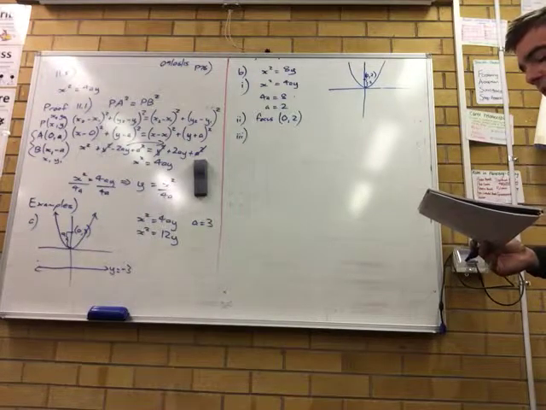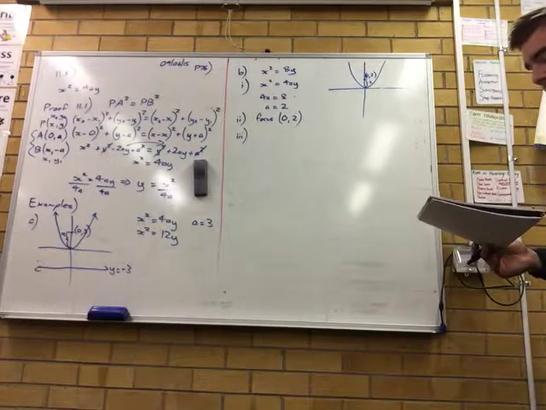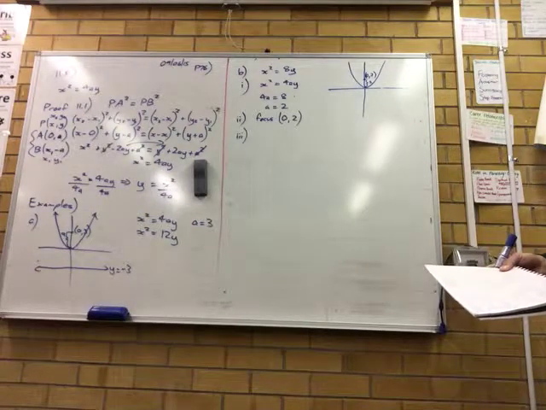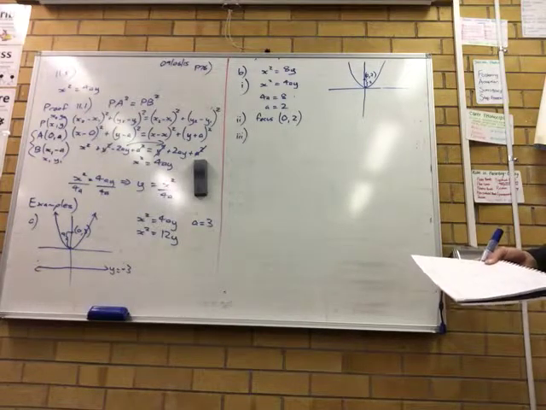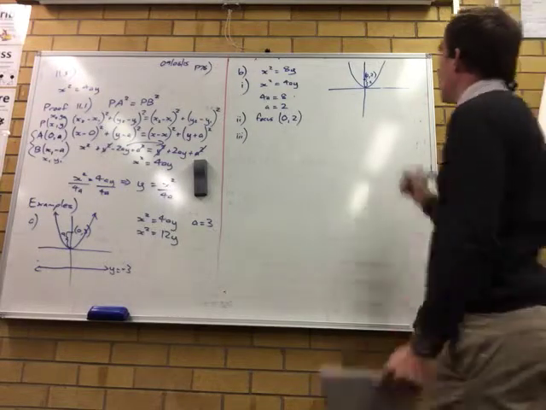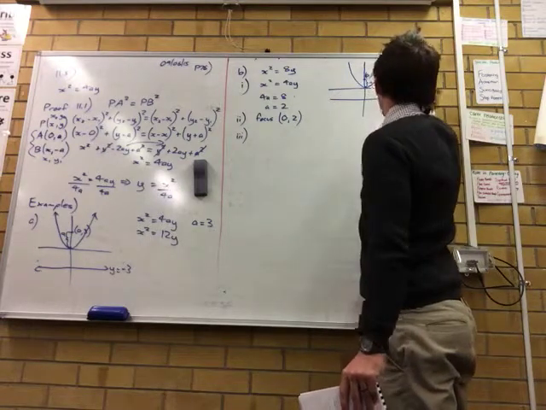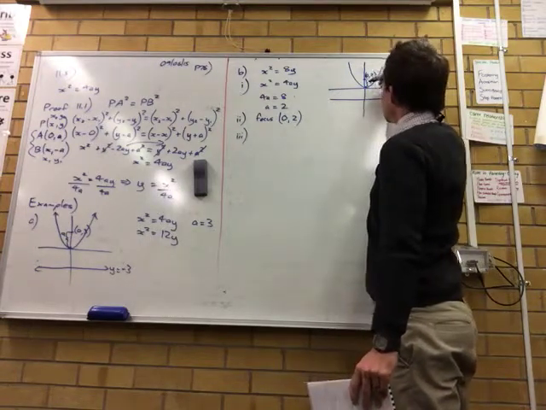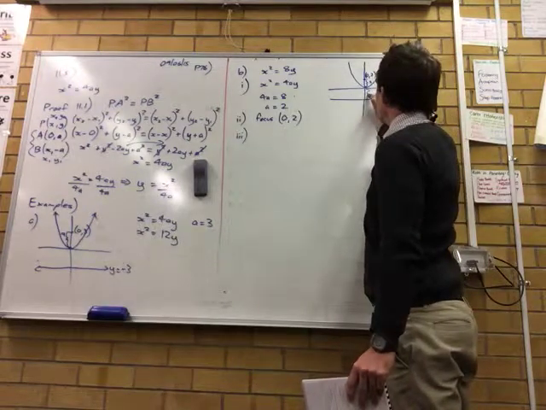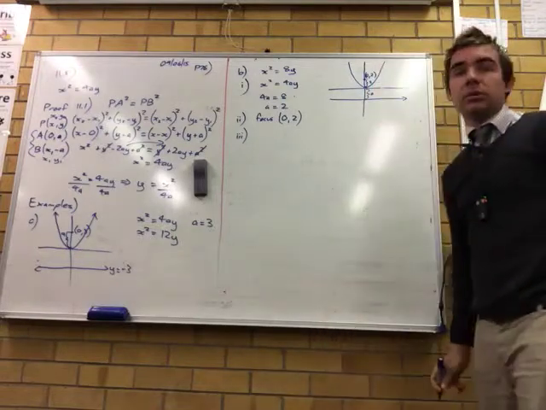Find the equations of the directrix and the axis. So what's my equation of the directrix going to be? Equation, not coordinate. Y equals negative 2. The distance from the vertex to the focus is the same as the distance from the vertex perpendicular down to the directrix.